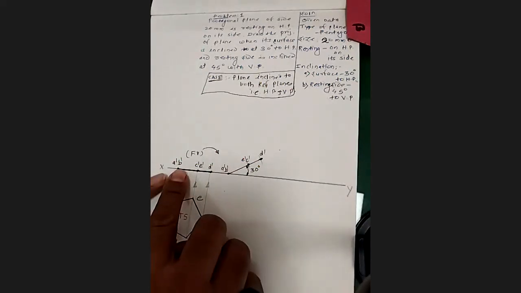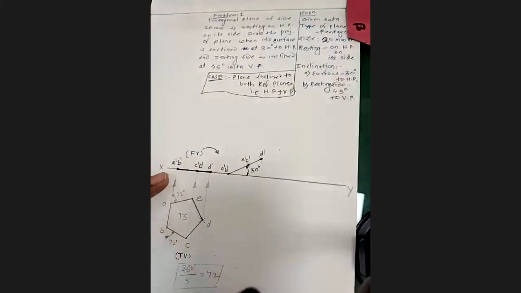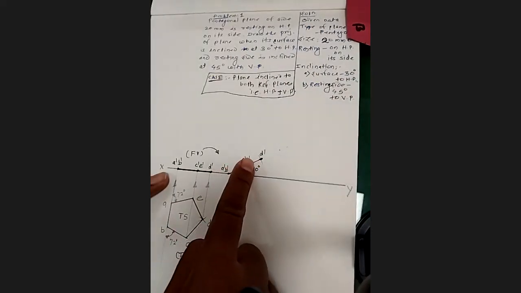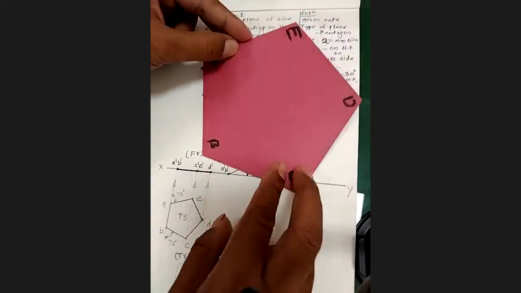Then we'll make this line view inclined as per the given condition, that is, the surface inclined 30-degree to HP. Now, with reference to this, we'll complete the top view, considering the condition that the plane is now simply inclined with HP. We forget about the inclination with the vertical plane at this stage. We are going to consider only this inclination.